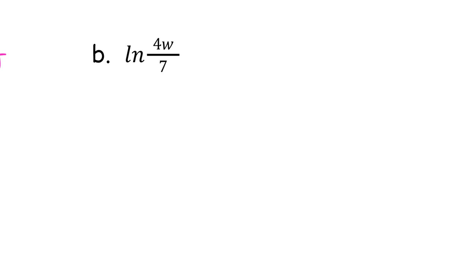This one, if I want to expand it, I have ln 4 plus ln w minus ln 7. Do I need parentheses with this? If you were to take this and put it back together, would it look just like that? Is there anything else that can be done?